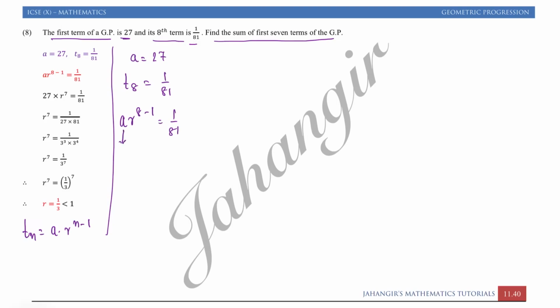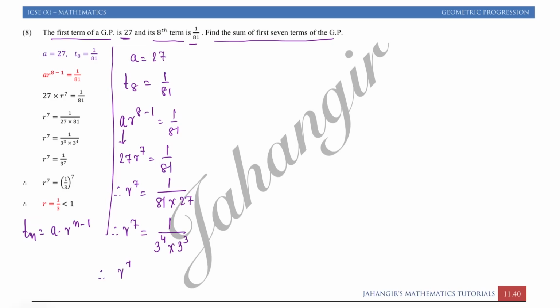The value of A is what? 27. So we can write 27 into R raised to 7 is equal to 1 upon 81. So therefore R raised to 7 is equal to 1 upon 81 into 27. So therefore R raised to 7 is equal to, you can write this as 3 raised to 4 into 3 raised to 3.